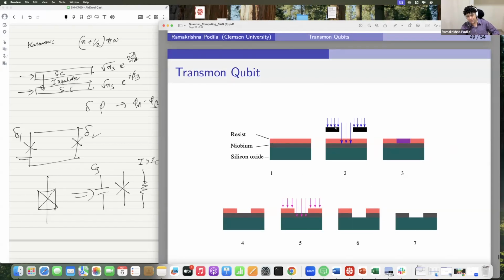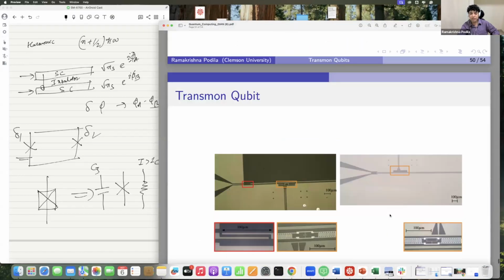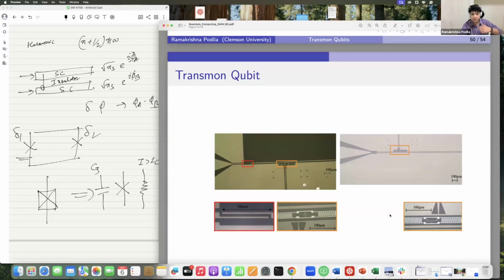We put in a resist, expose it to light and etch away, and you just do photolithography to make these two islands of niobium. These are the two superconductor islands, and then you can fill it in with oxide here, which would be insulating, and that's how you would make the Josephson junction. And this is how a real qubit looks.